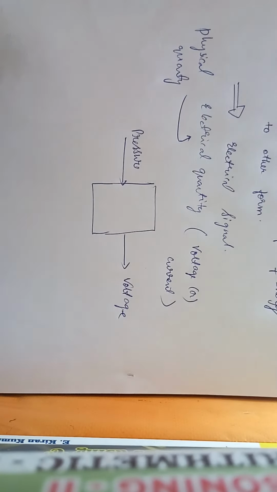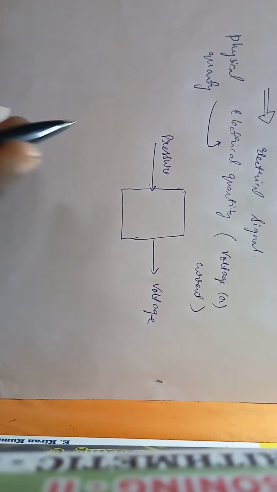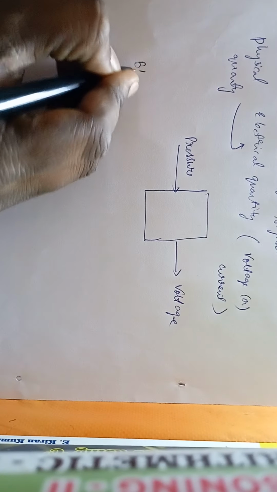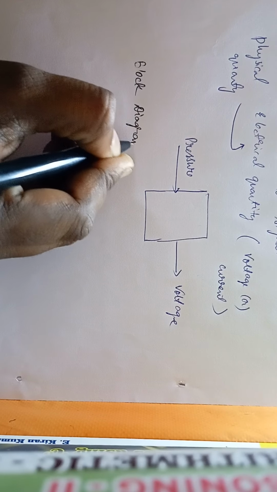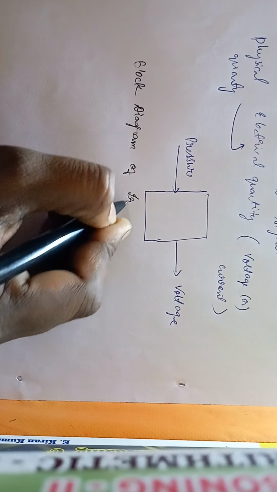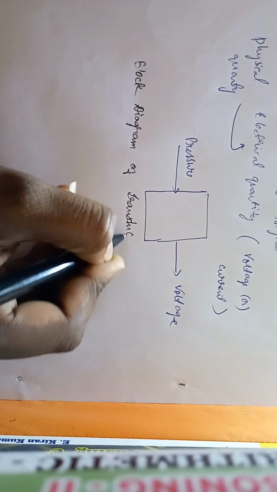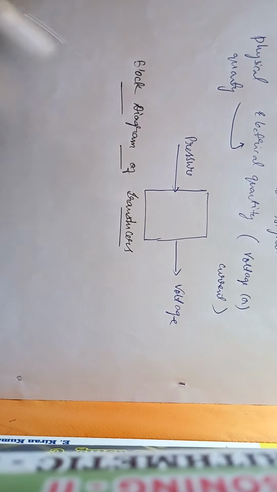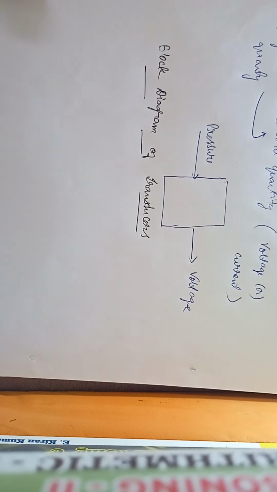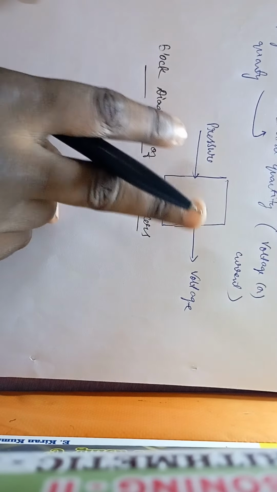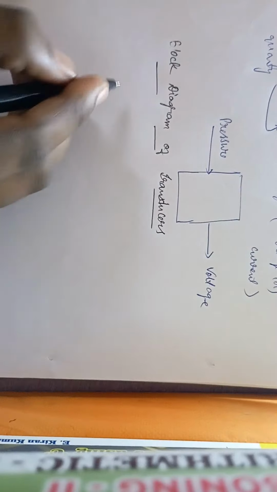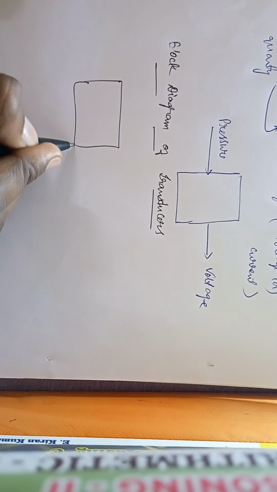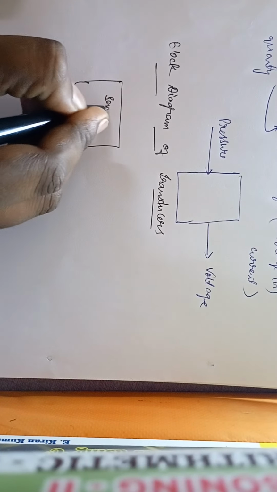So now let's understand the block diagram of a transducer. When we are discussing the block diagram of a transducer, the transducer will consist of two parts that are closely related to each other. One is the sensing element, which is the first block.